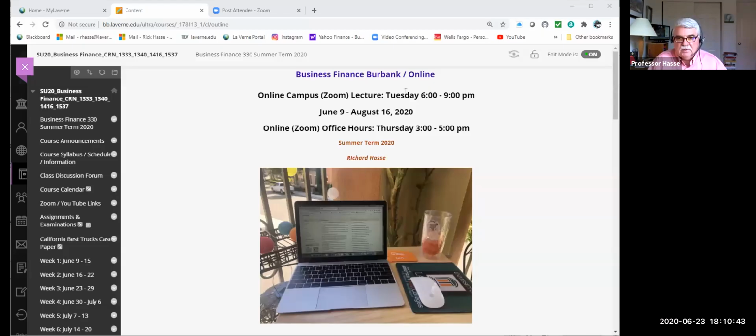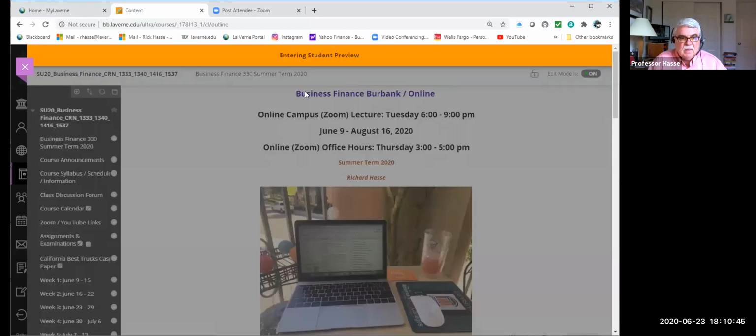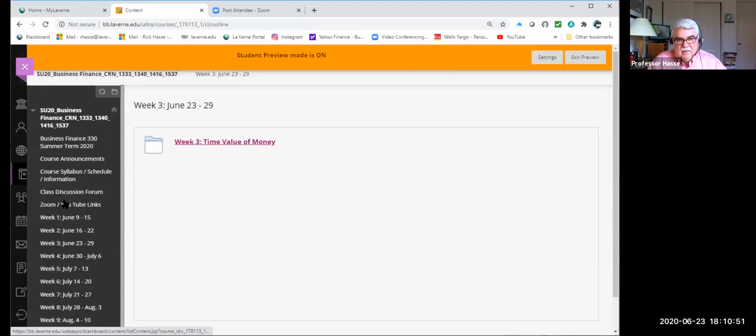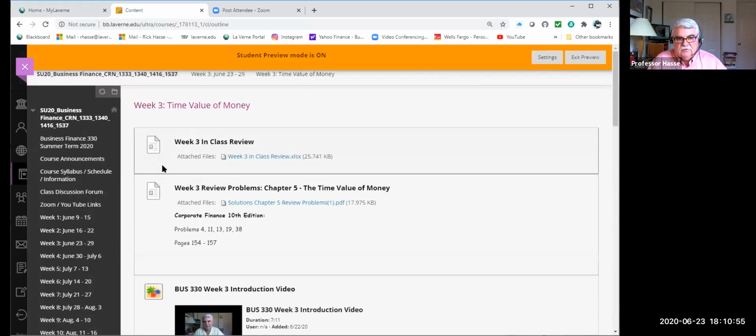In our Blackboard site, under week 3, that's this week, the file folder is time value of money. You'll see a week 3 in-class review. This is the spreadsheet that I'm looking at right now. You can download that spreadsheet to your desktop and follow along with me if you'd like.